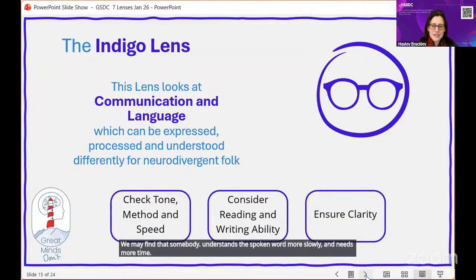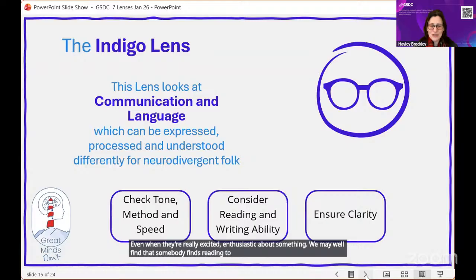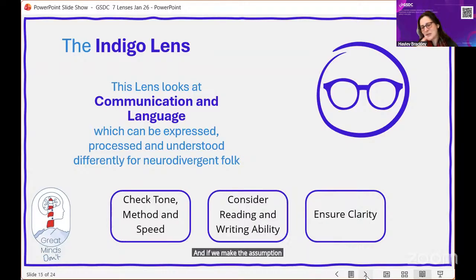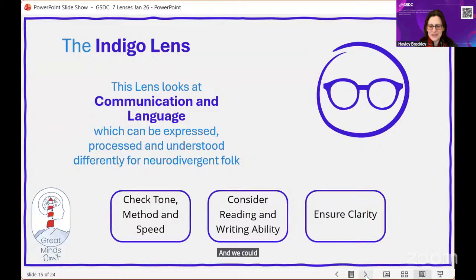We may find that somebody communicates in a much more monotone tone of voice, even when they're really excited or enthusiastic about something. We may well find that somebody finds reading to be excruciatingly difficult. And if we make the assumption that if I put some instructions up here in writing, everybody will be able to do it, then we could well be doing that person a massive disservice.